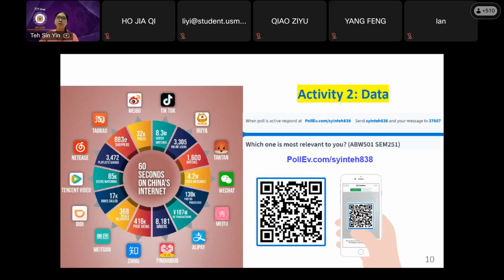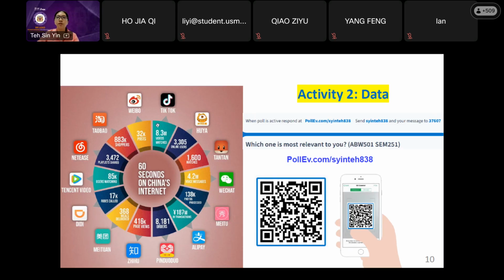Because the majority of our students are China students, I think more than 70% from this batch, I put up some of the apps in China that most Chinese will use, like Weibo, Taobao, Tencent, Didi, Meituan, Zhihu, Pinduoduo, Alipay, Meitu, WeChat, Tantan, Huya, and TikTok.